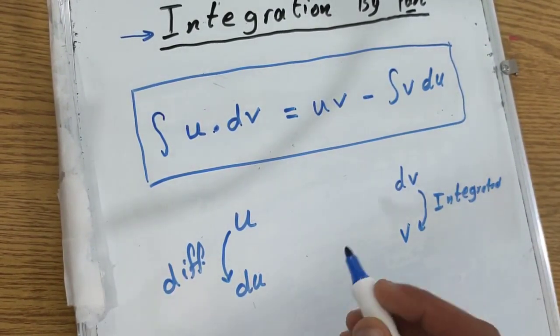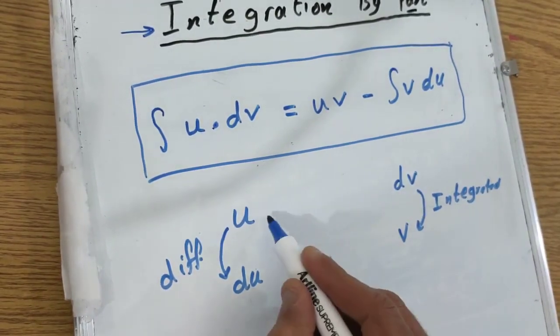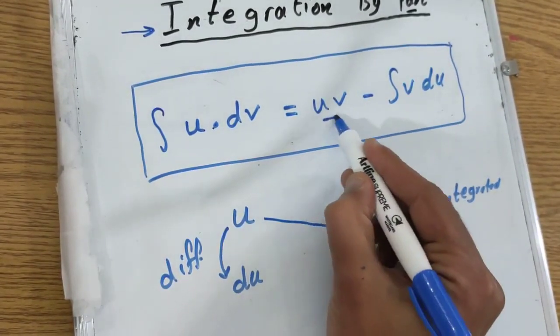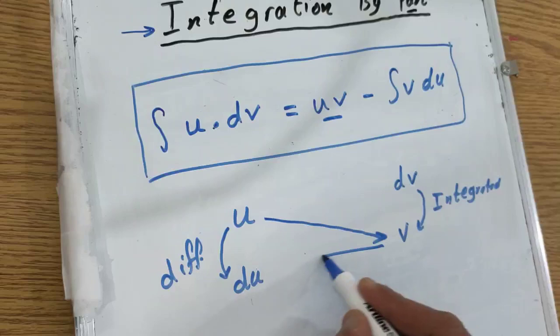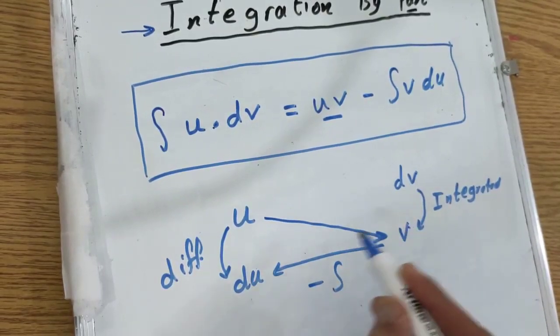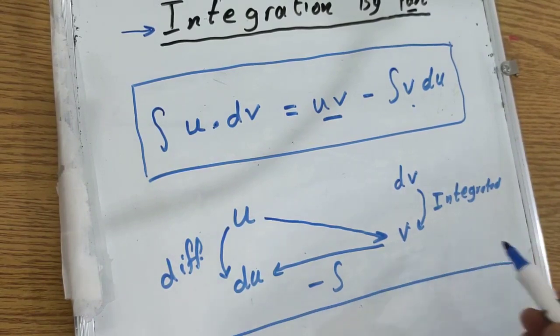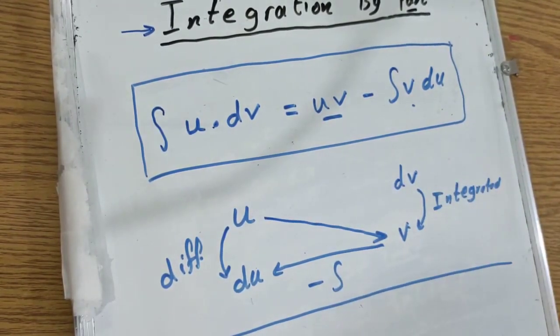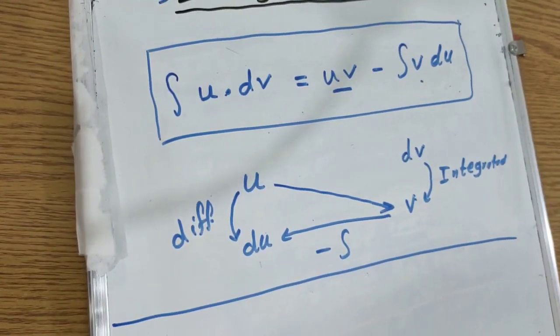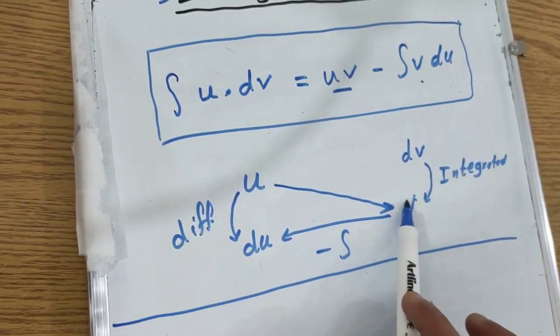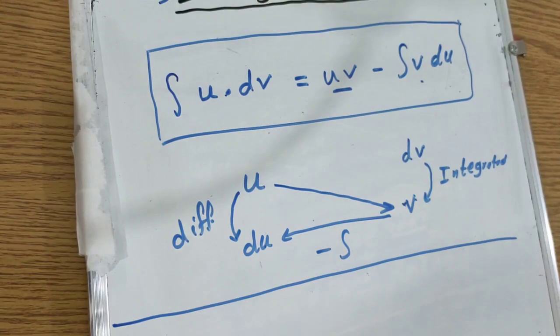So the rule of integration by parts is u times v, the first term, minus the integration of v du, that is the second term. So using this table we can memorize the integration by parts rule: u times v minus the integration of v du.